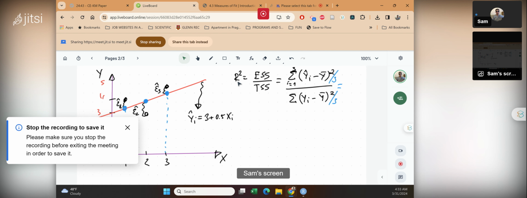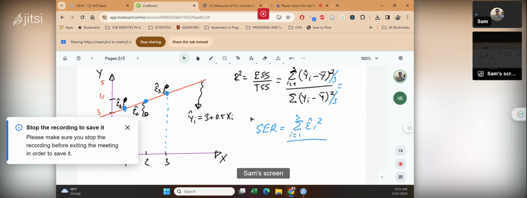and you are expected to know this R square formula and the standard error of regression formula, which is actually the sum of epsilon hats. What is epsilon hat here? Epsilon hat is actually the deviation of black points from the line, right?